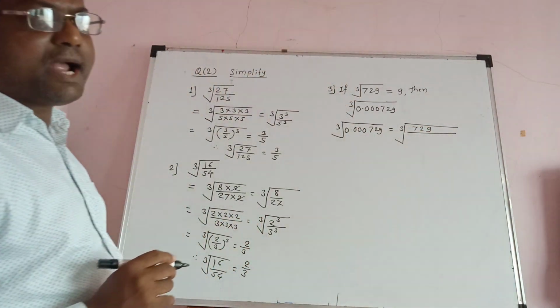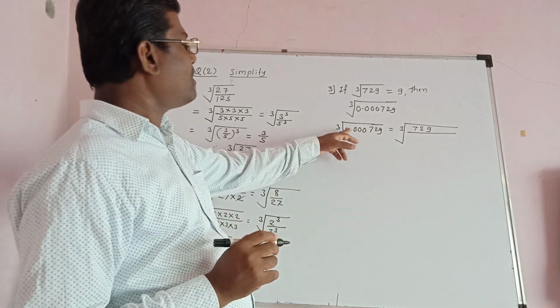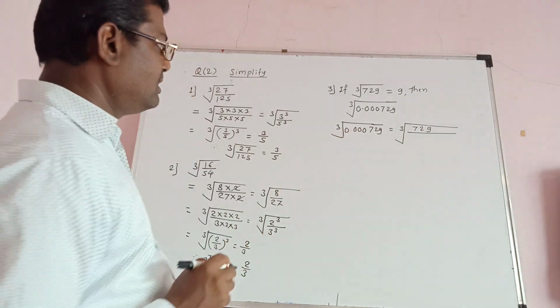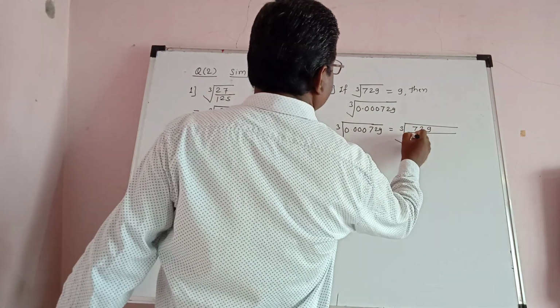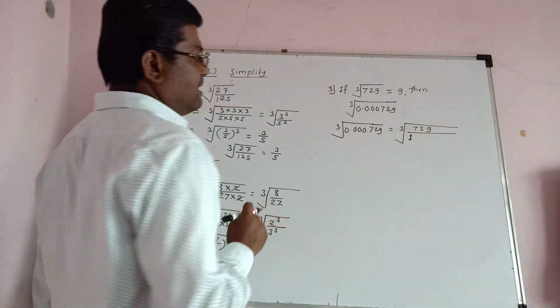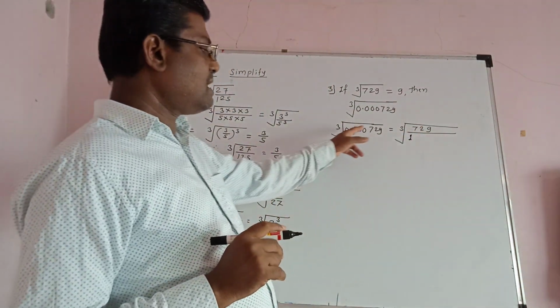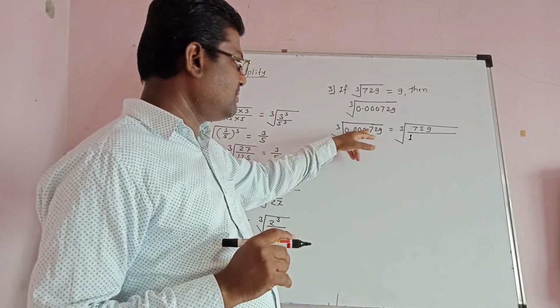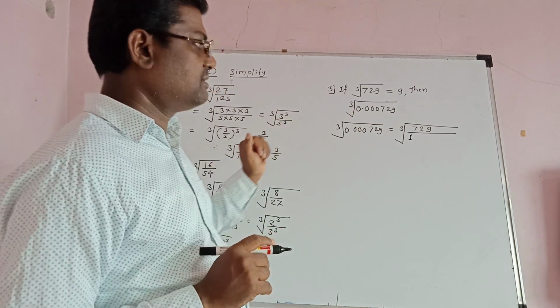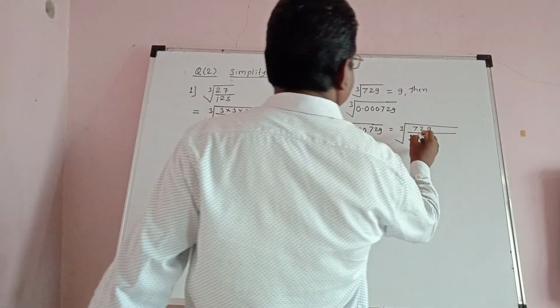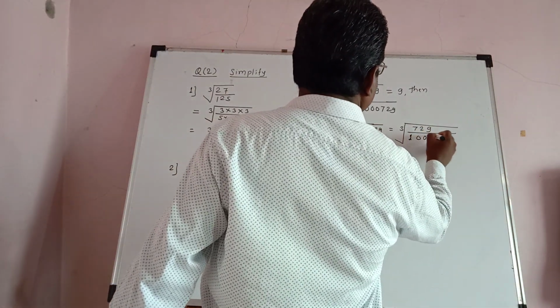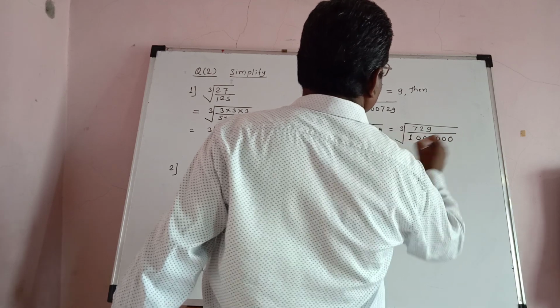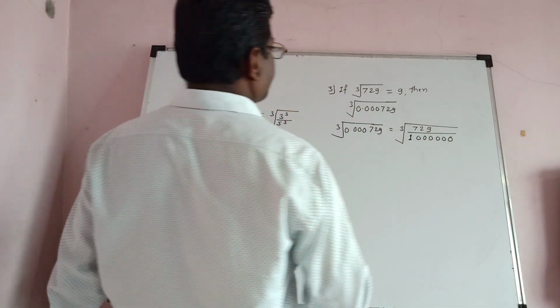And how to write its denominator? Per decimal point we write 1 here. Then to the right of the decimal point there are 1, 2, 3, 4, 5, 6 places. So we write 6 zeros on the number 1 in this way.